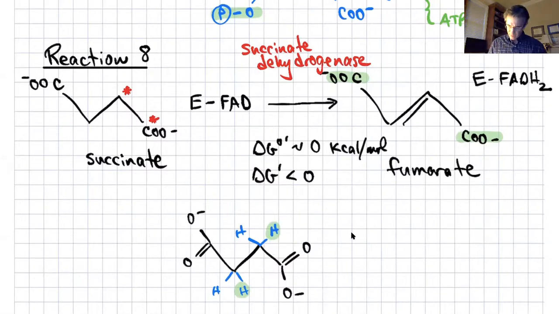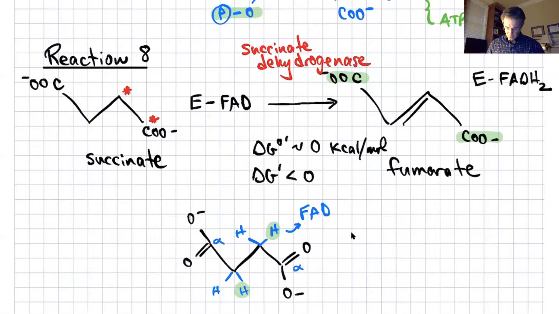But if you have some FAD nearby that's capable of taking up that proton when you destabilize it, and you do something to make this more readily available, like you start pulling on it with a base, you can pull that proton off because it's significantly more acidic by virtue of these carbonyl groups nearby, and then suck the electrons off at the same time because you have that nice sink in the FAD.